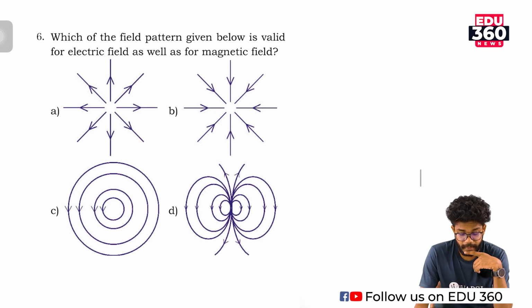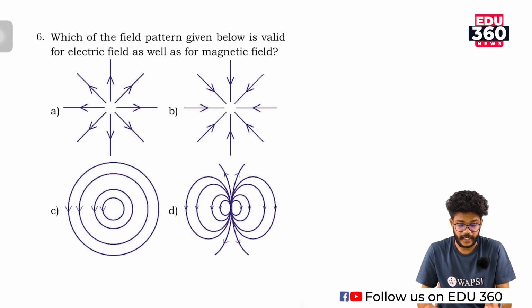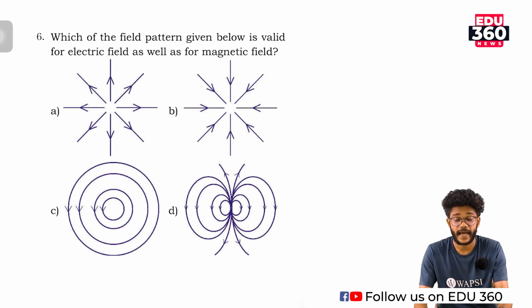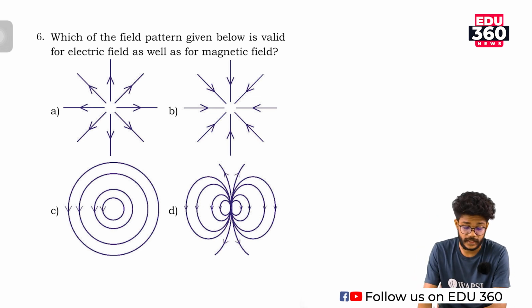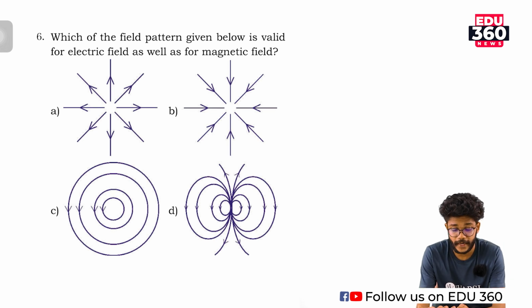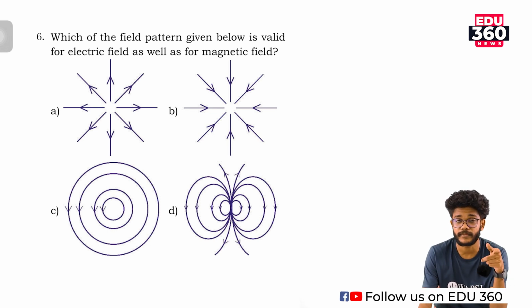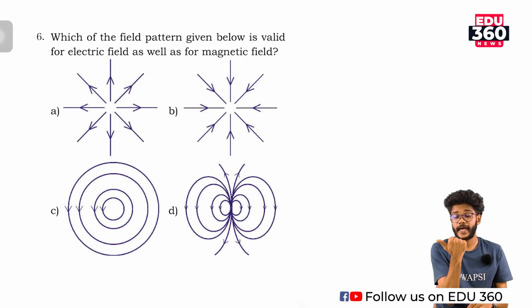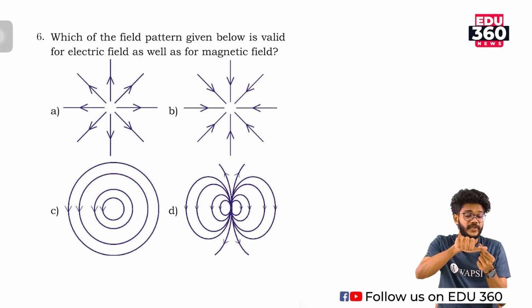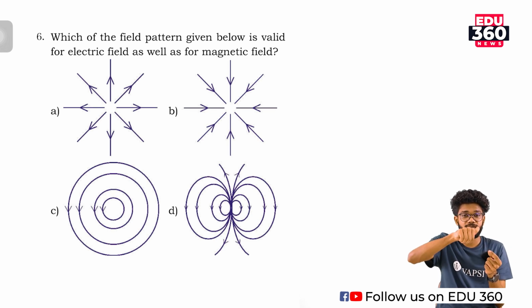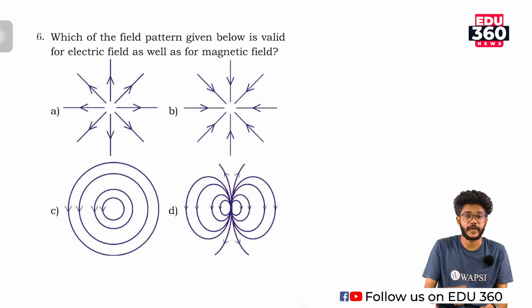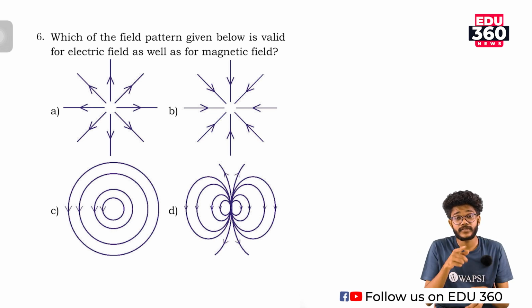Which of the field patterns given below is valid for electric field as well as for magnetic field? See, I already told you the right hand thumb rule. Place our hand like this or this. If this is the direction of current, this can be the direction of the curling magnetic field. Inside the solenoid the magnetic field is in a straight line.